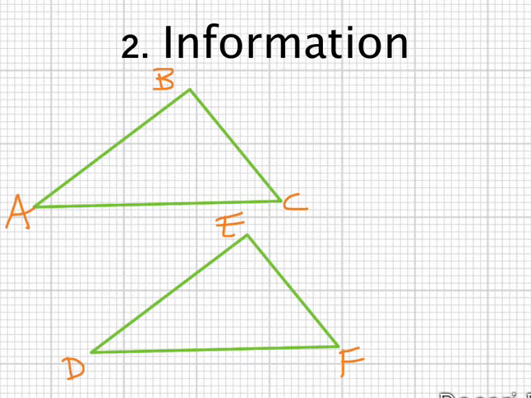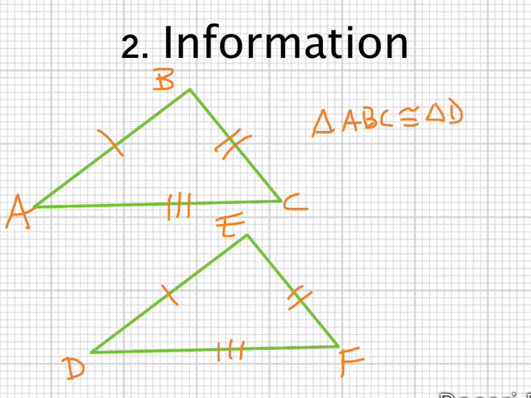And so because they have the same values of length, I can call them congruent. So triangle ABC is congruent to triangle DEF by side, side, side.